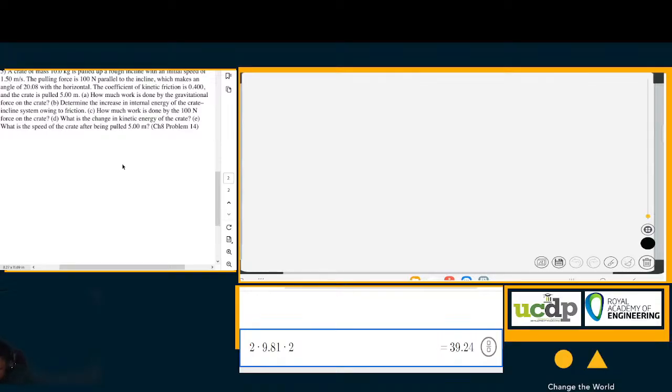So the work done by the gravitational force, let's first draw the situation. This is a rough incline. It makes an angle of 20.0 degrees. This is the crate.